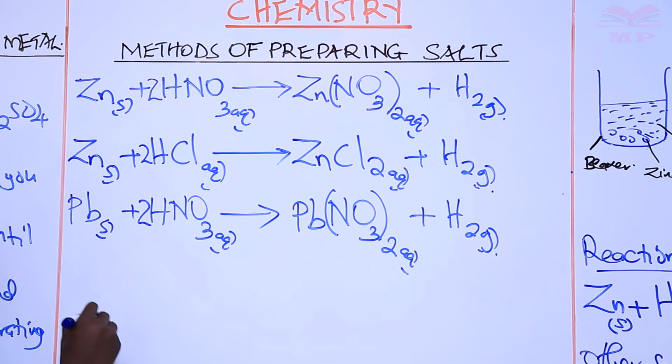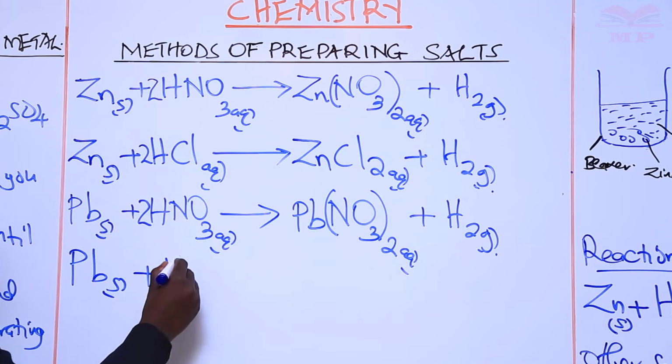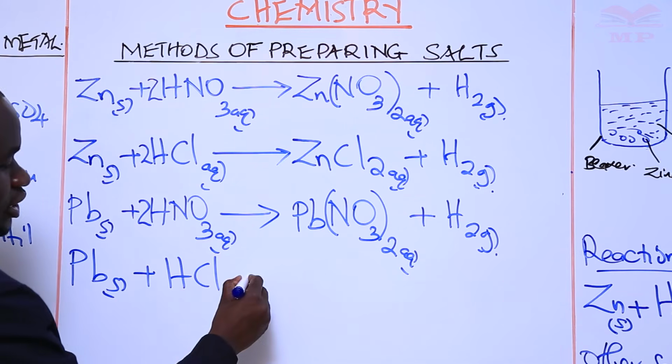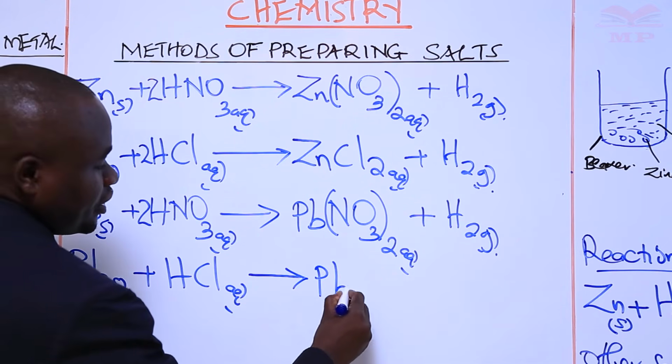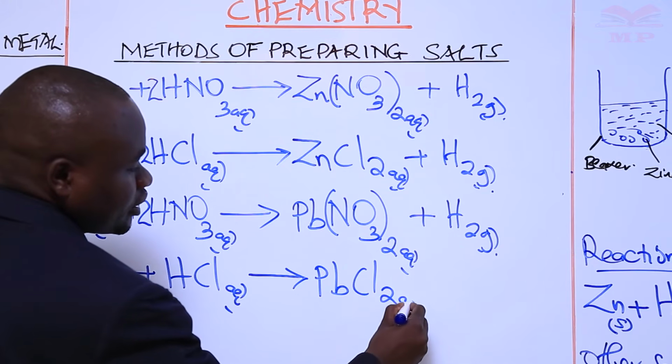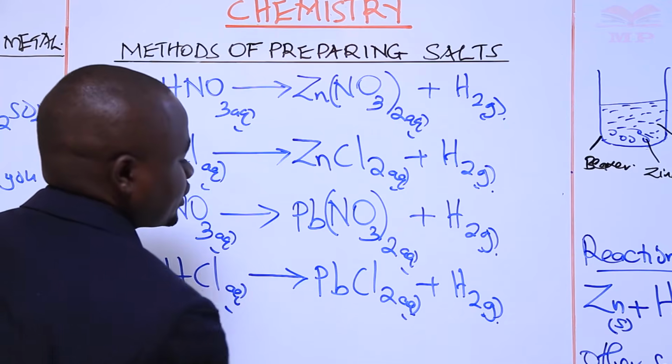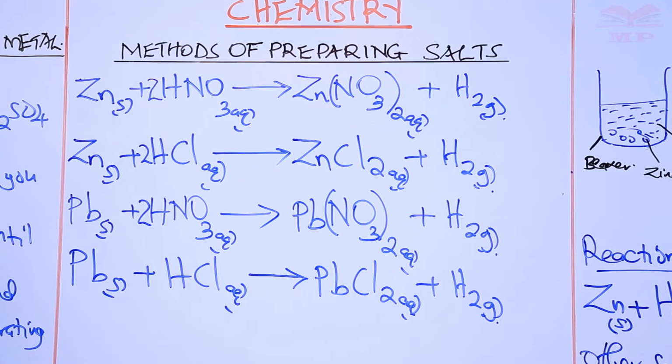Lastly, preparation of lead chloride involves the reaction between lead and hydrochloric acid. So lead reacting with hydrochloric acid, we shall get lead chloride plus hydrogen gas. So don't forget to balance once again. You check each atom.